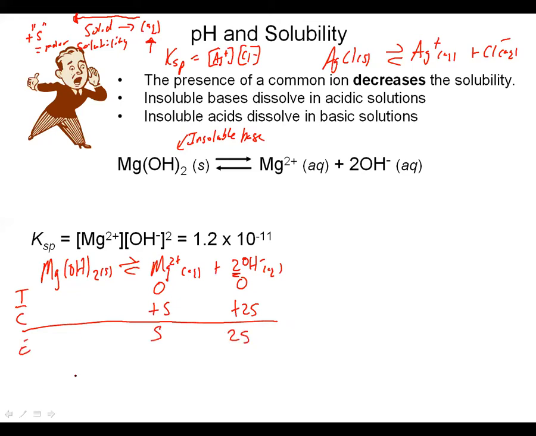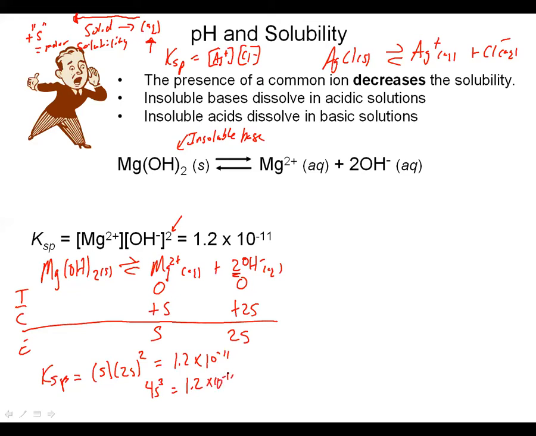This would go into our KSP expression, much like we did in some problems earlier. This would give us S times 2S. We also still need to square it because of the square here, and that is going to equal our 1.2 times 10 to the minus 11. You want to always make sure you square not only the letter, but also the number there. So that should give us 4S cubed equals 1.2 times 10 to the minus 11.